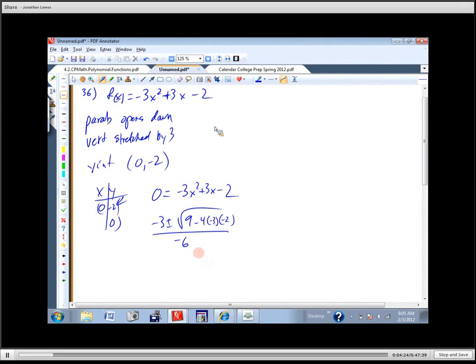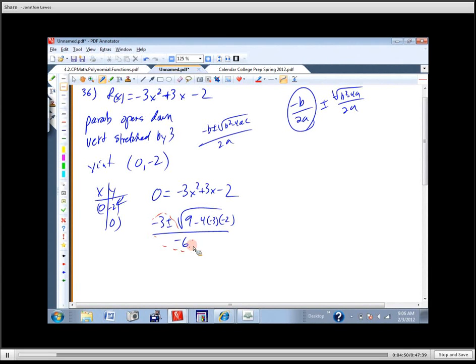Okay, now remember the formula is -b plus or minus the square root of b squared minus 4ac, all over 2a. I could take that and I could write it this way: -b over 2a plus or minus square root of b squared minus 4ac, all over 2a. See that stuff right there? That is the x-coordinate of the vertex. So we can look at this right now without doing any more work.